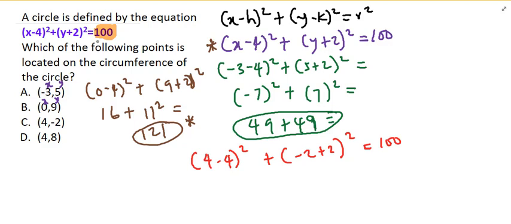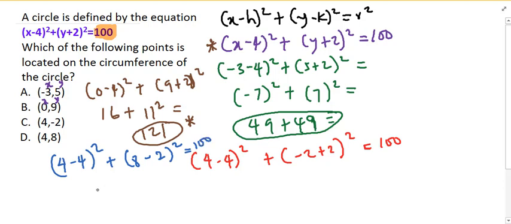Wow. Let's try the last one. The last one is 4 minus 4. Let's check it. 4 minus 4 all squared plus 8 minus 2 all squared equal to 100. So okay, let's check it. Sorry, we've not really confirmed this, so can't really say it's equal to 100 yet.